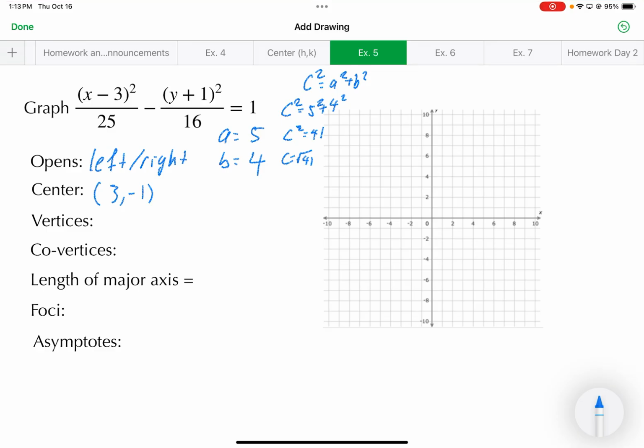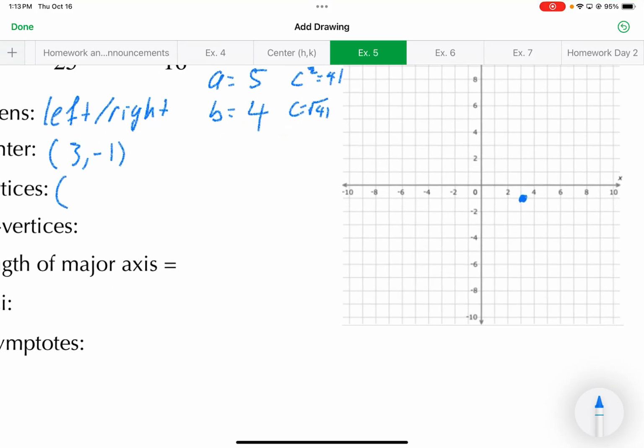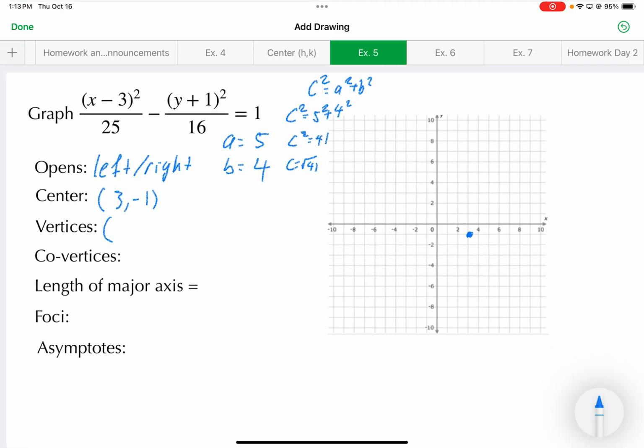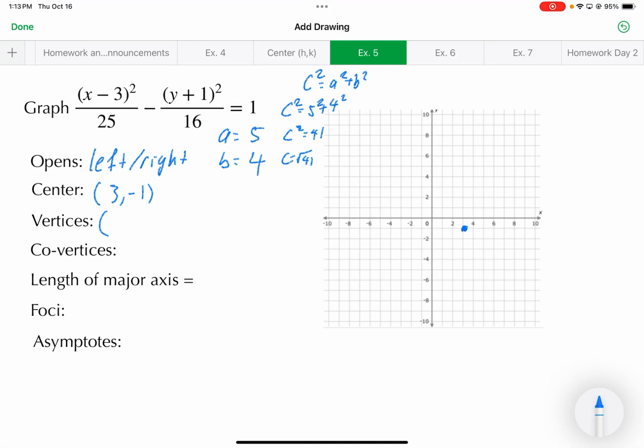Okay, so let's find our vertices. So I know that my center is at 3, -1. Okay, so I'm going to add and subtract my value for a to which coordinate, x or y? X, because it's parallel to the x-axis.